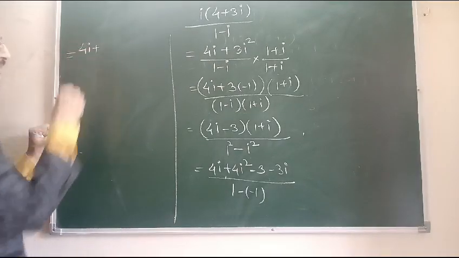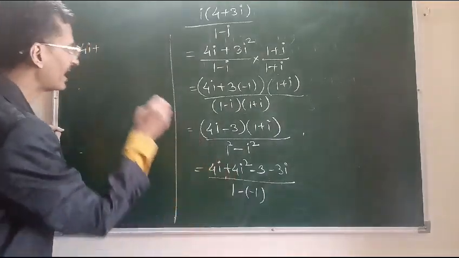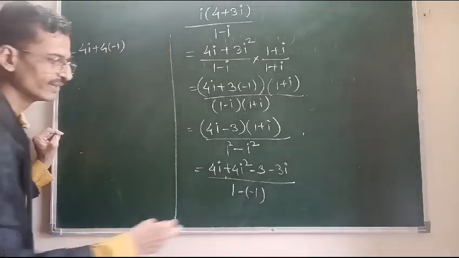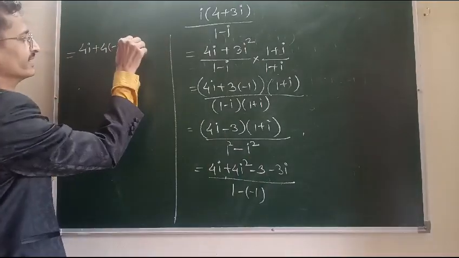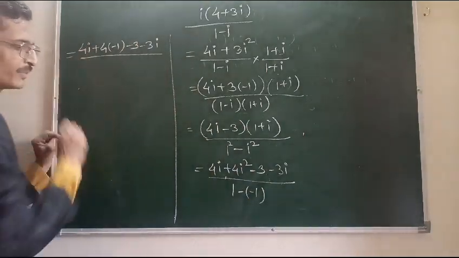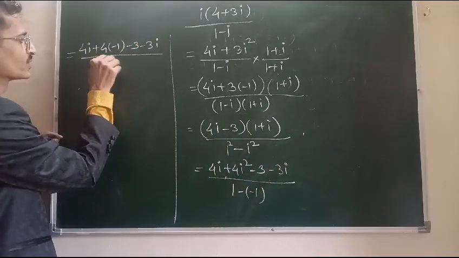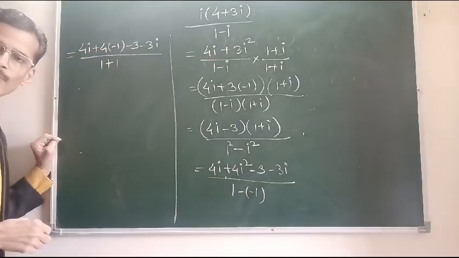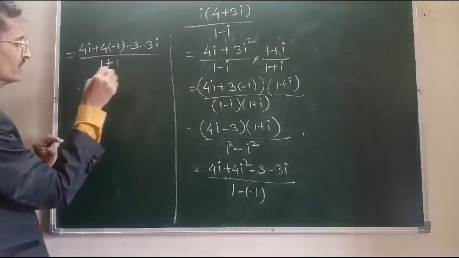Okay, so now simplify this. 4i plus 4i square. i square is what? Minus 1. Minus 3, and this is minus 3i, upon 1 minus of minus is what? Plus 1. 1 plus 1 we can write directly as 2 also.